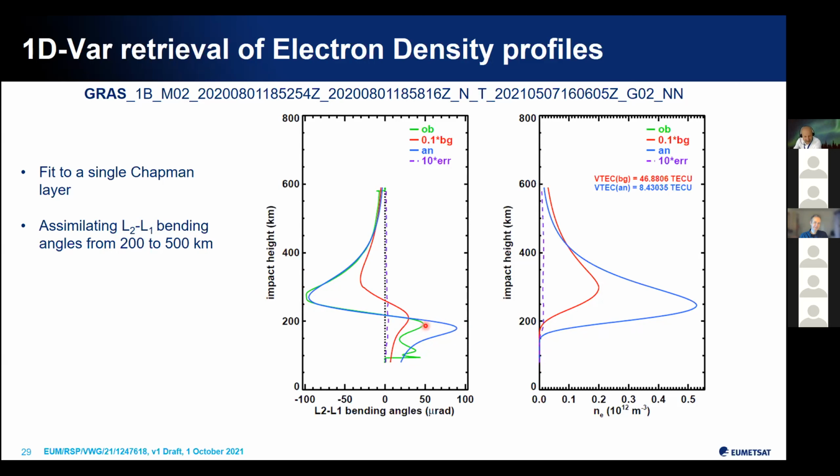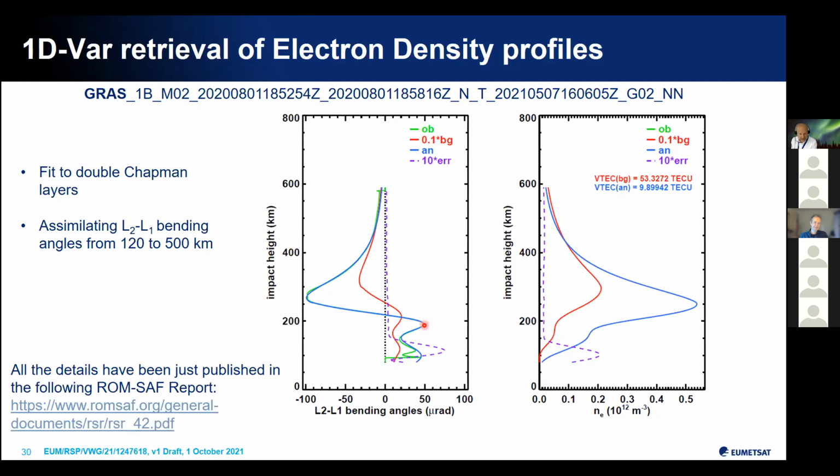But as you can see here, we have more than one layer. So Sean and Ian tried to fit the observation space using a double Chapman layer. You can see the differences by using two Chapman layers. The fit with the observations is much better down to 120 kilometers, higher up, where the bending angles are assimilated.